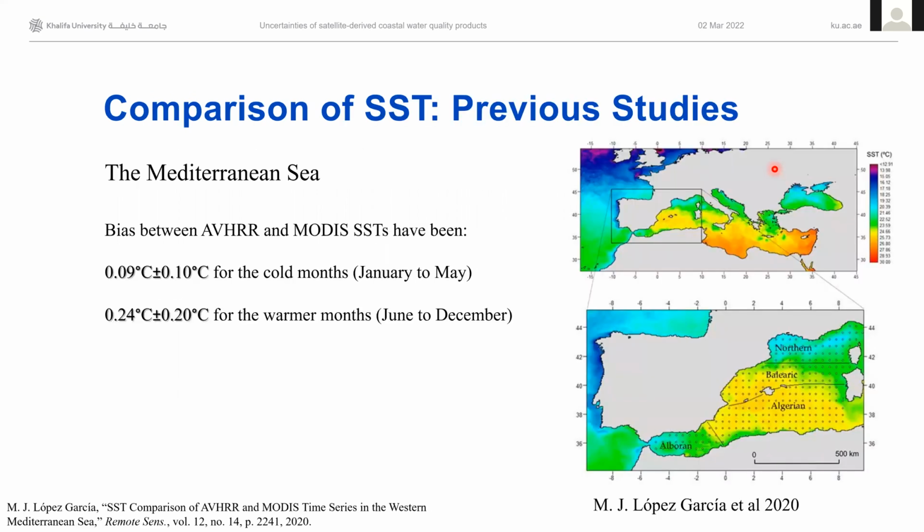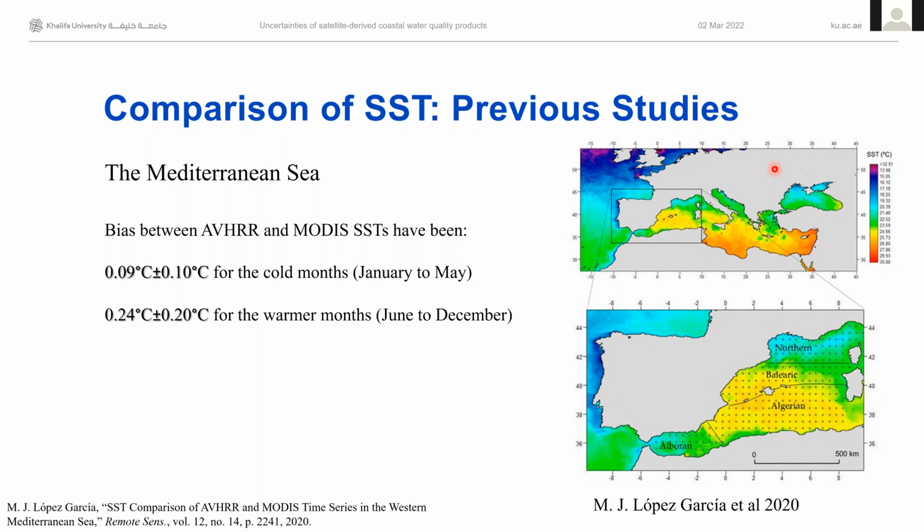If we look at the past and at the studies that have compared the SST derived by the satellite with the in situ data, we could see some uncertainties. For example, the first study was done in the Mediterranean Sea. They compared the AVHRR and MODIS SST during two seasons, the summer season and the winter season.